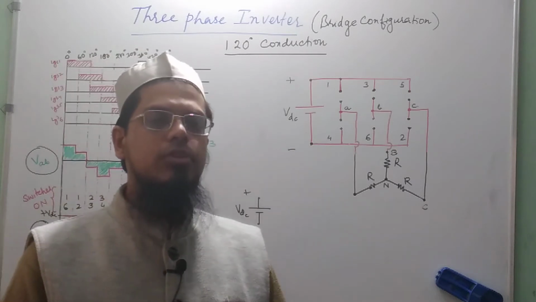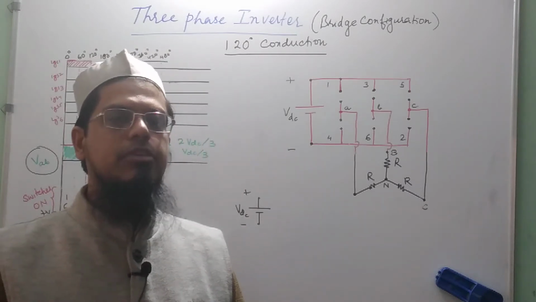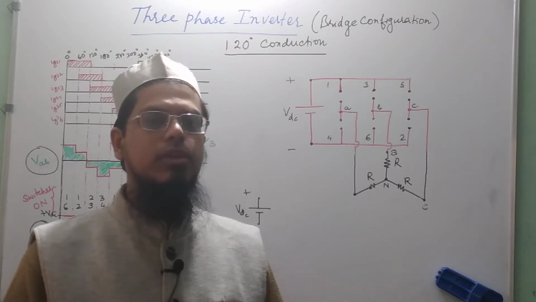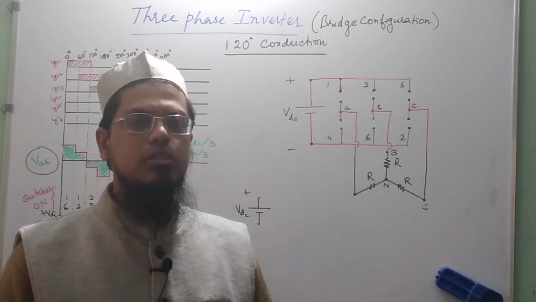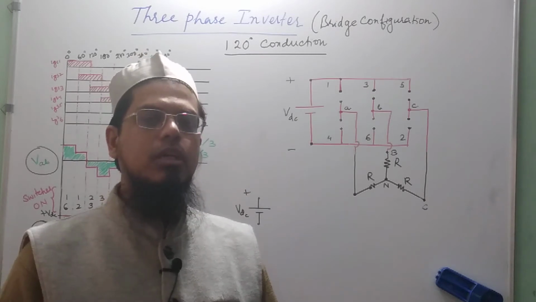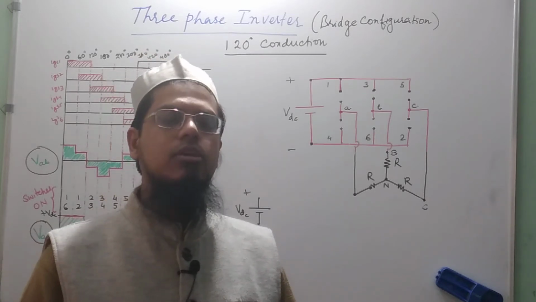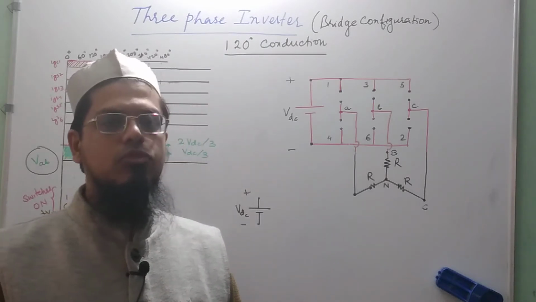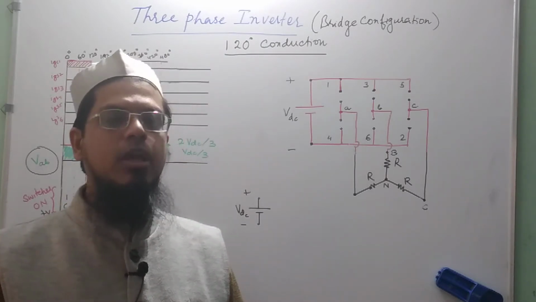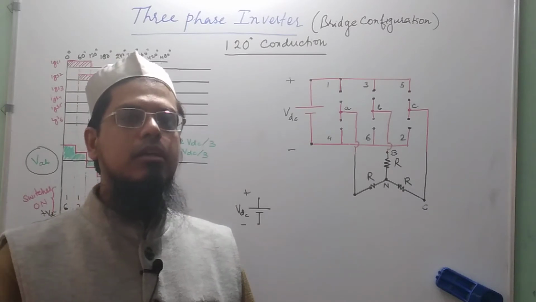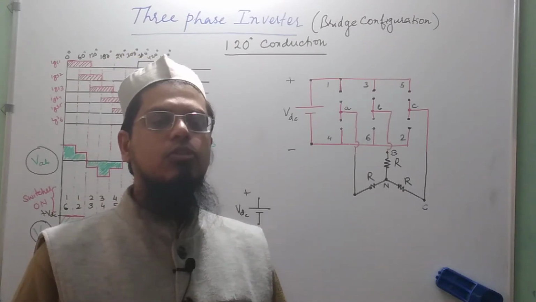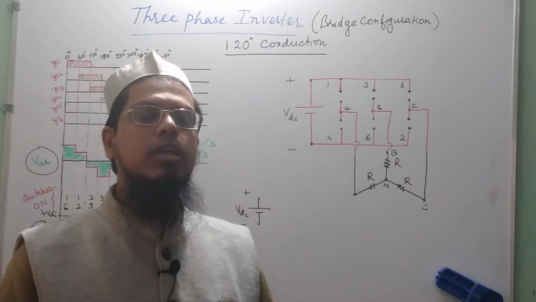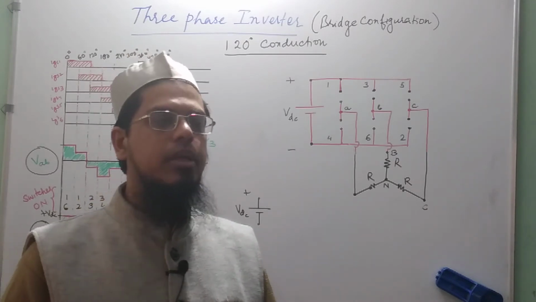As I told you in the previous lecture, the basic difference between 180 degree mode of conduction and 120 degree mode of conduction is that the switches in the inverter conduct for 180 degrees or 120 degrees in the two modes respectively, while the remaining conditions for firing the various switches remain the same.